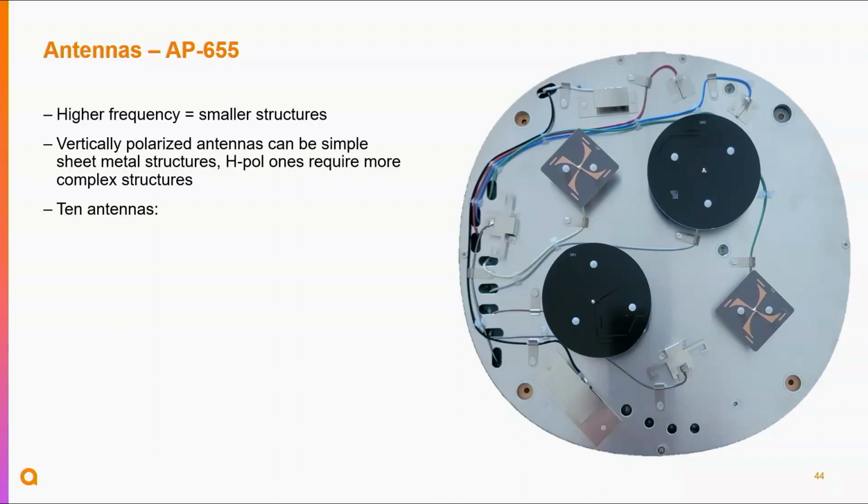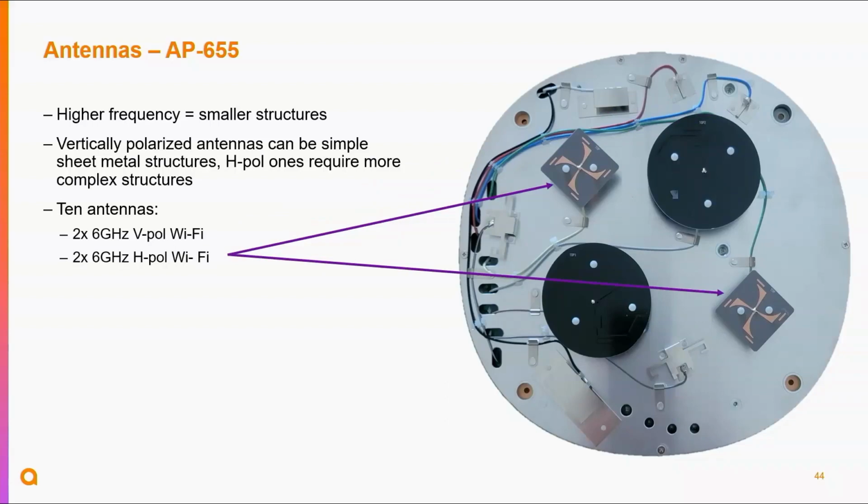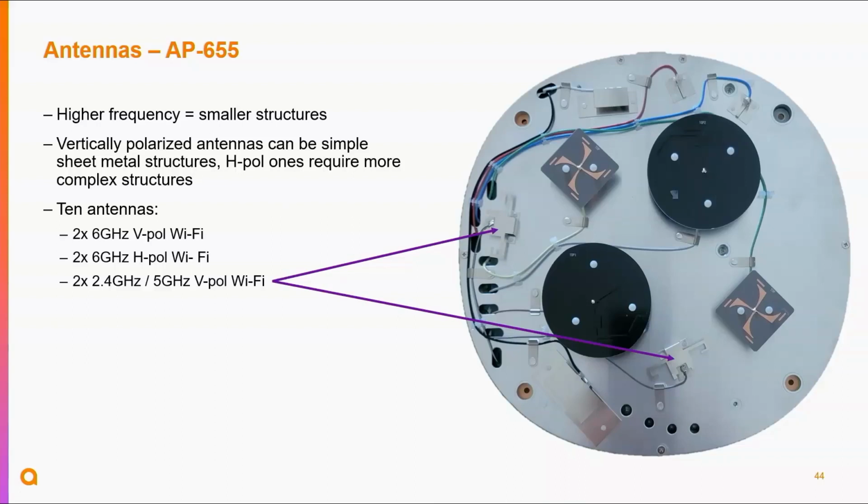We have a total of 10 antennas on the AP655. We have 2 6 gig vertically polarized antennas, those are the tiny ones over there. We have 2 6 gig horizontally polarized antennas, those. Then 2 that are dual band, 2.4 and 5 gig. Because remember, we have 3 4x4 radios, so you would expect at least 12 antennas.